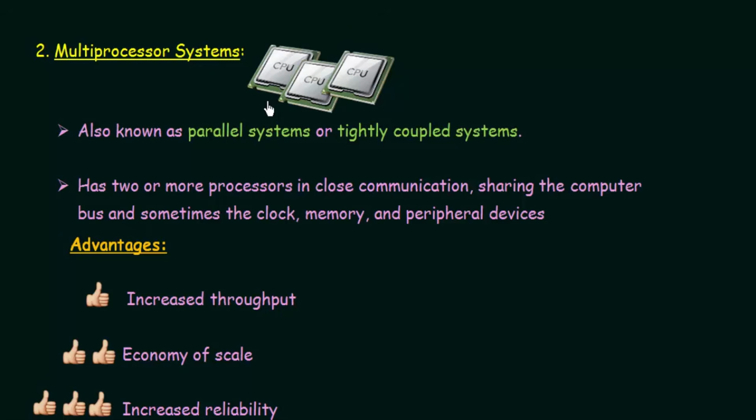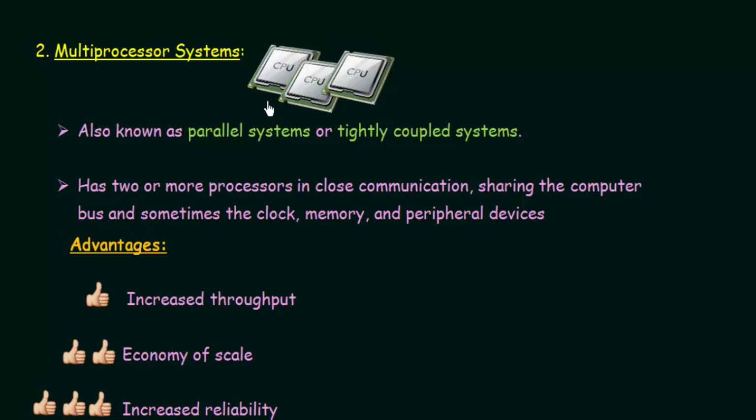So let's say that you have 10 processors in your multiprocessor system, and let's say that one of them fails. So even if one of them fails, the remaining 9 can share the work that was being done by the one that has failed, and without giving you a complete failure, your system will still work even though the performance may reduce a bit. But in case of single processor system, if your single processor fails, that means it is a total failure.